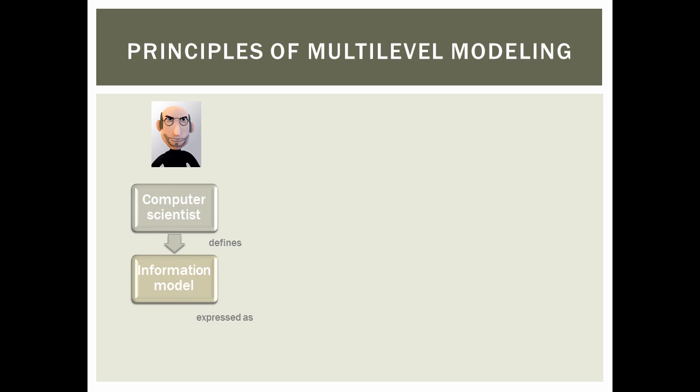And this information model is, in the case of multi-level modeling, a set of classes and its attributes and the relationship between those classes and other information that is required to allow the development of interoperable healthcare applications. And this information model is expressed as a schema.